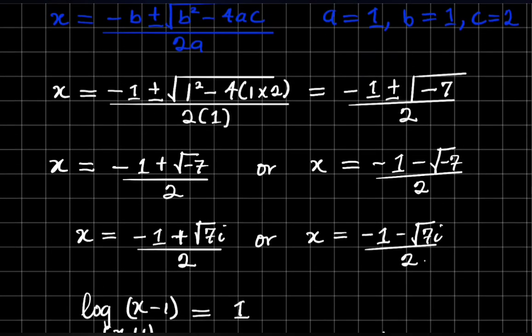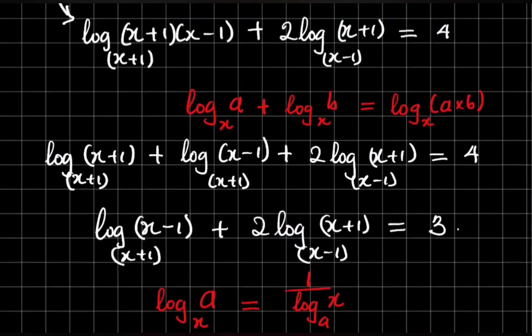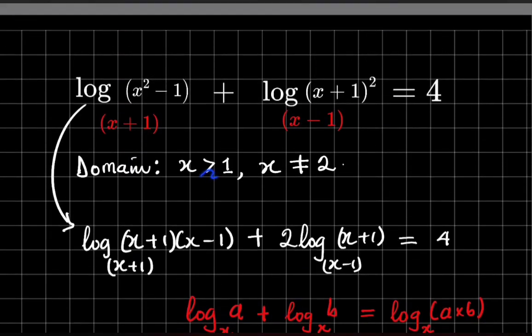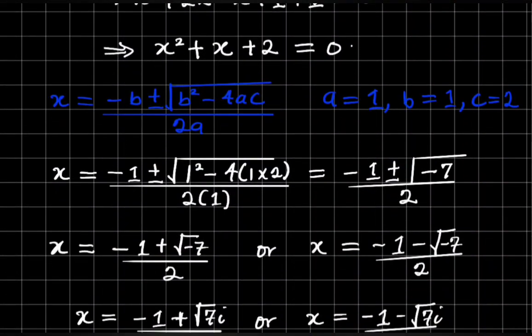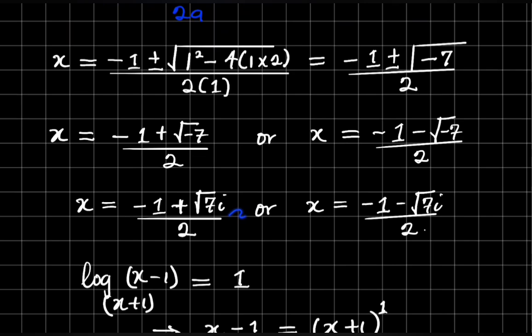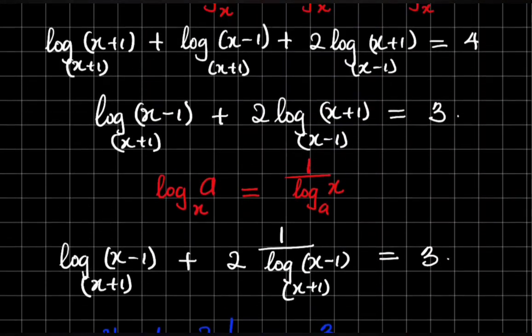And hence, recall that we have declared our domain to be greater than 1 but not equal to 2. But all these values here are imaginary and they are all negative values. Hence, this equation has no real solution.